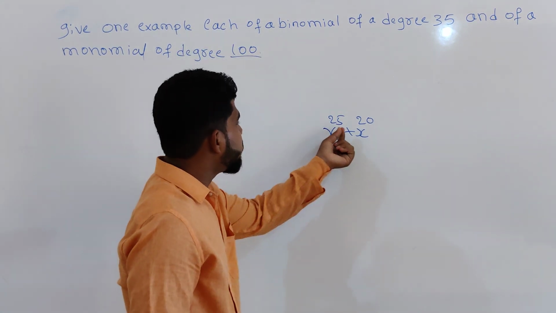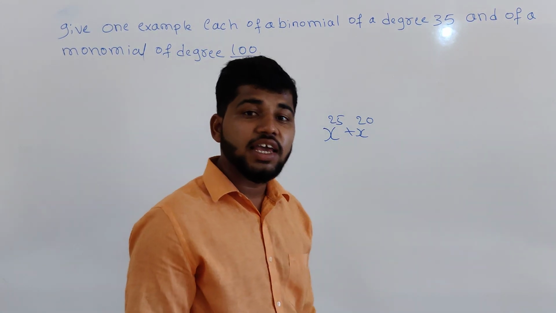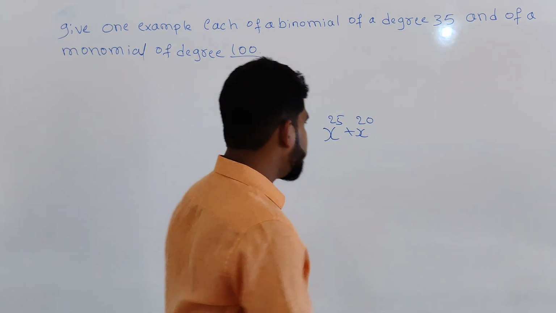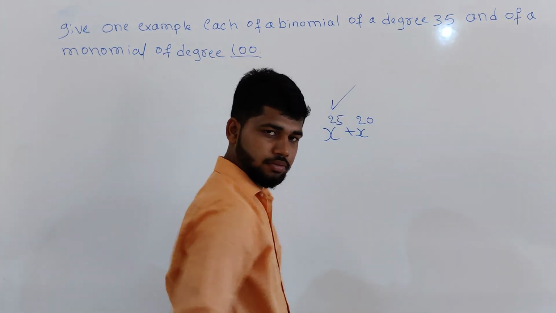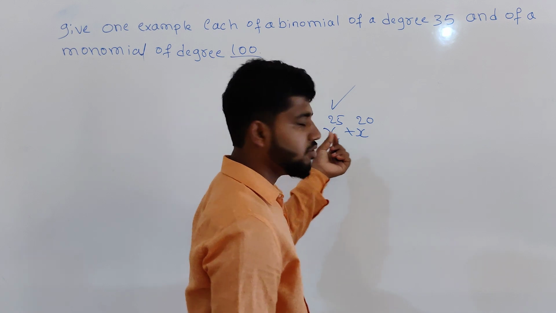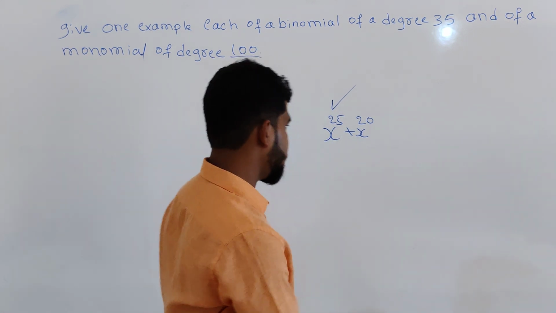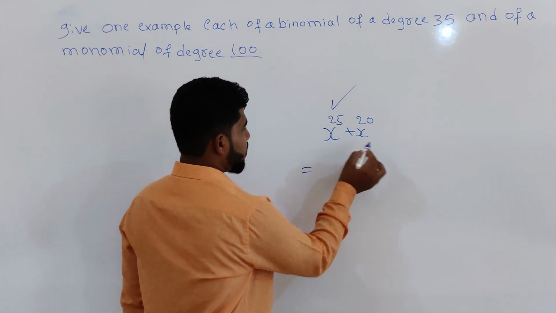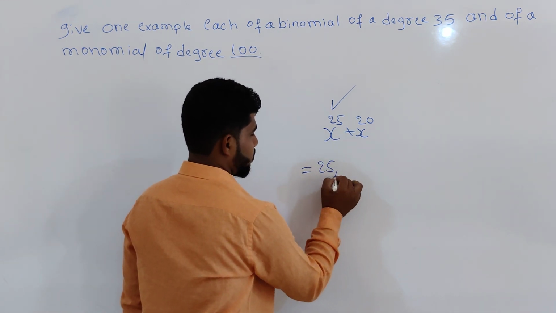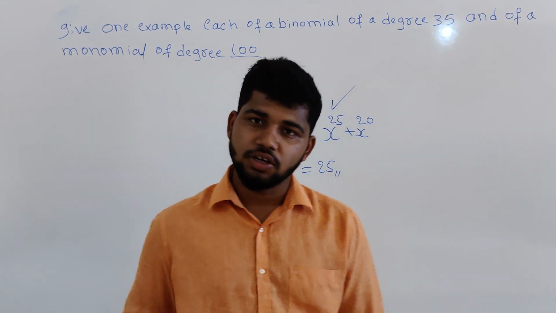Here, x power 25 plus x power 20, which is the highest power? 25 is the highest power, because between 20 and 25, 25 is the greatest number. That's why the degree of the polynomial is 25.